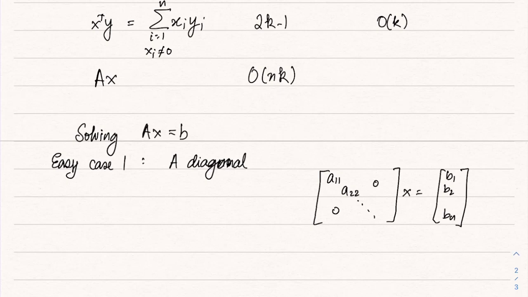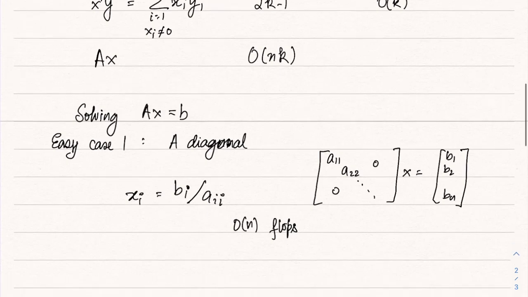Now, inverting a diagonal matrix is straightforward, and in fact, xi is equal to bi divided by aii. So solving Ax equal to b for a diagonal matrix really involves calculating bi by aii, which is a single division, so one operation per entry. So order n flops. Solving Ax equal to b for the diagonal case is really easy. You just have to do order n operations.